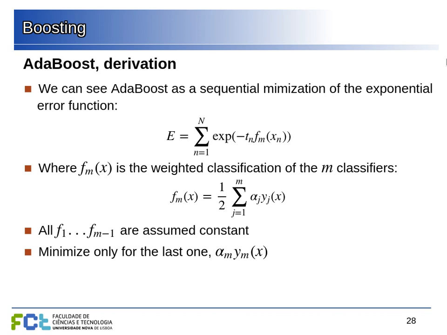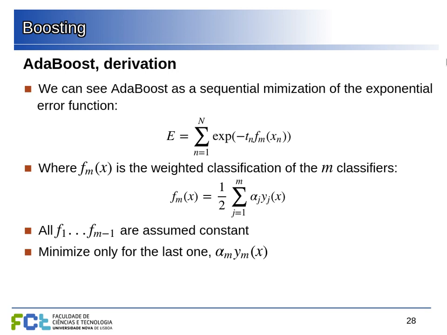If we want to do this minimization, it would be very complex because we are trying to minimize over a large set of classifiers, but we can do this as a sequential minimization. When we have m classifiers, we are only minimizing the last one, and we assume the others have already been adjusted and are fixed. So we start with the first one, then when we go to the second, we assume that the first one is fixed, and so on.